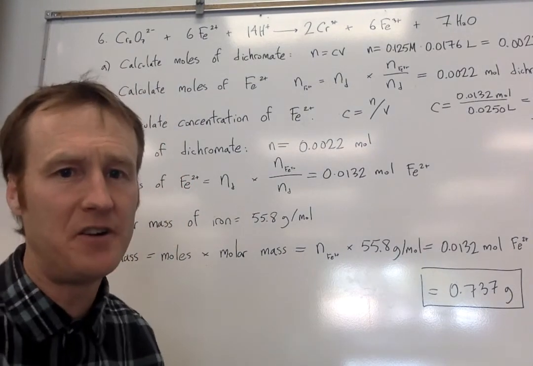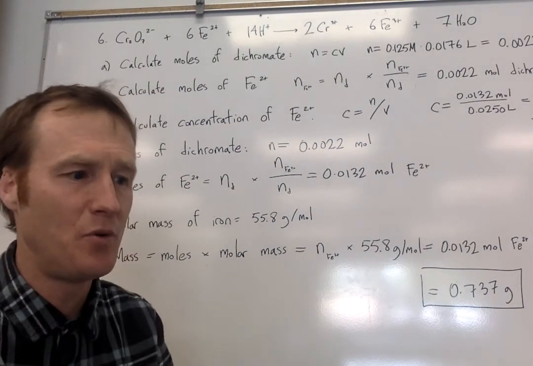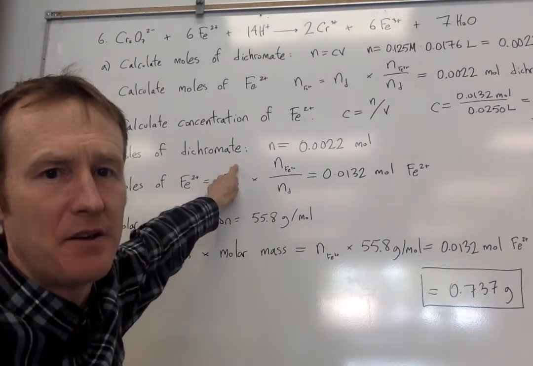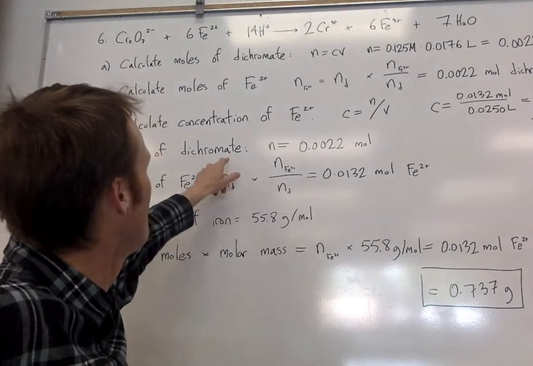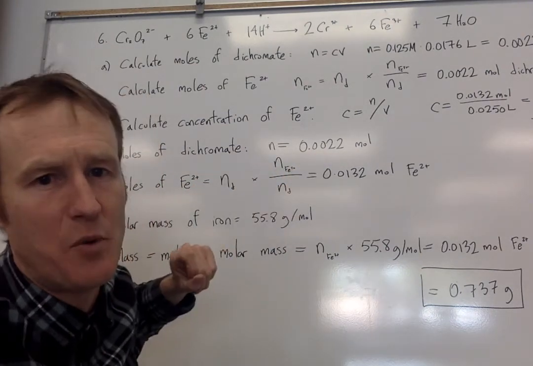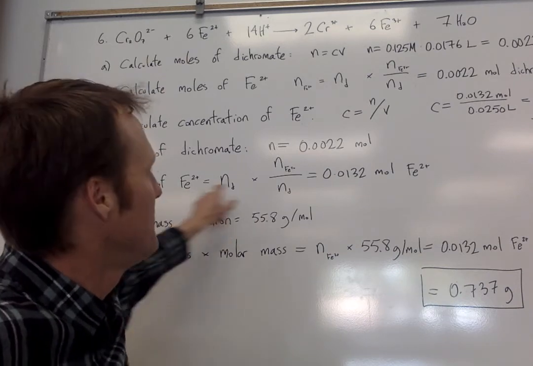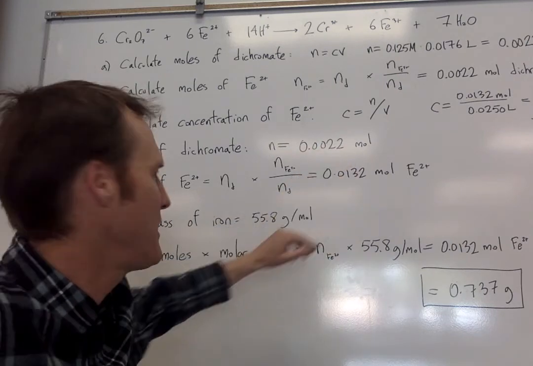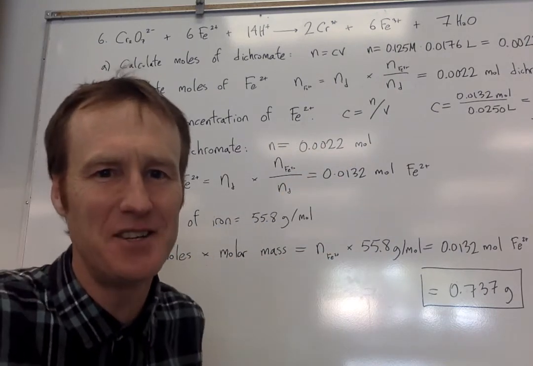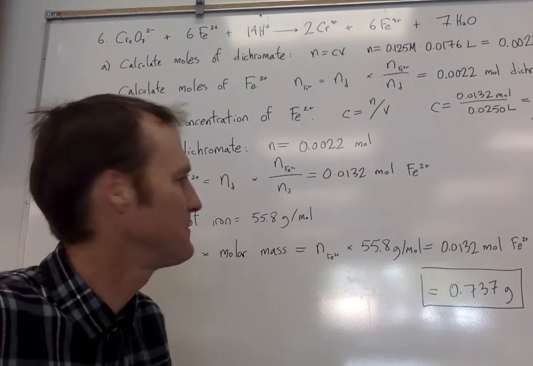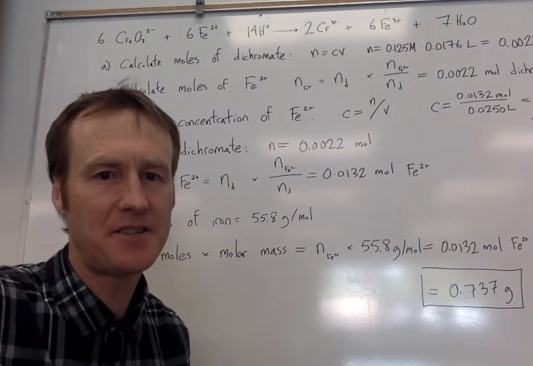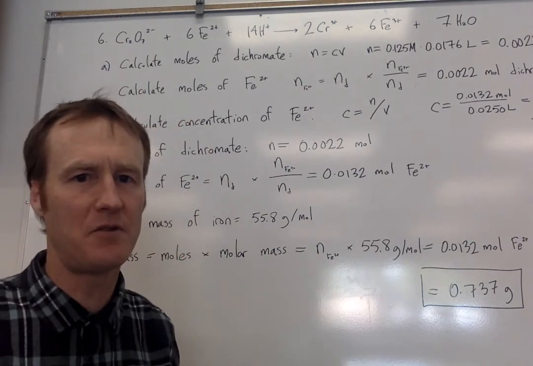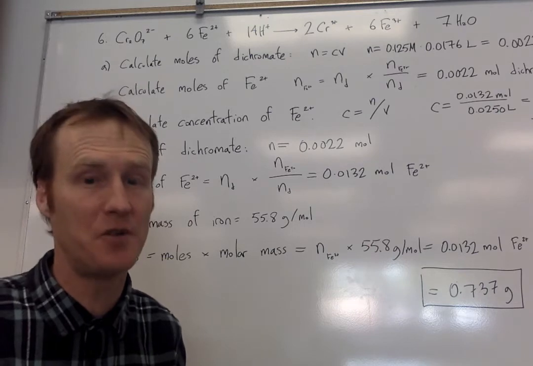Having that figure, we're now going to be able to do part B actually pretty quickly because, if we were starting at the beginning, we would say, what are the moles of dichromate? And we would get there and get that 0.022. Then we get this again, 0.0132, but we already knew that from part A. All we really need to do that's new for this one is to calculate the mass. Well, mass equals moles times molar mass. That's a chapter 5 equation for you.